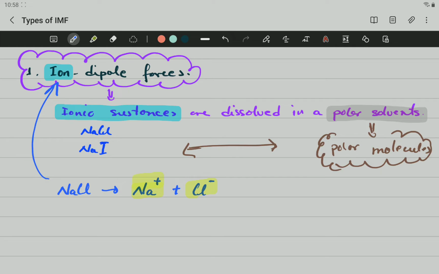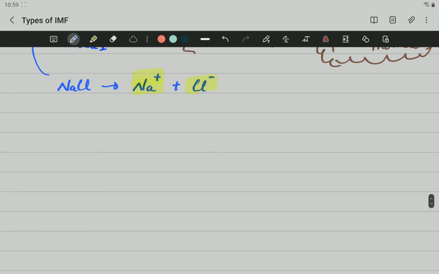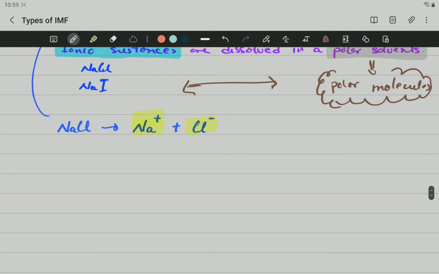Now, these ions are going to interact with the polar molecule. Remember, a polar molecule is a molecule that has two poles. Let's assume that sodium chloride is going to dissolve in water. Water is a polar molecule, so let's write the water molecule here on the right hand side.